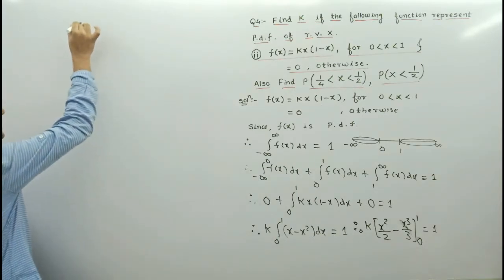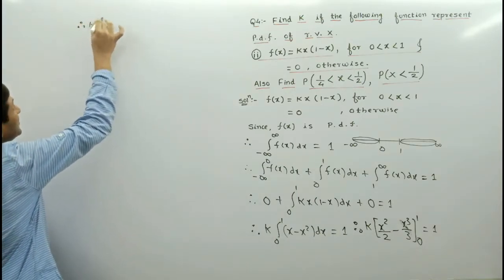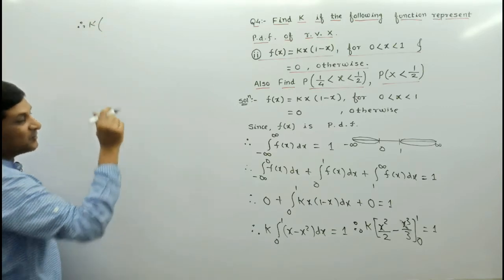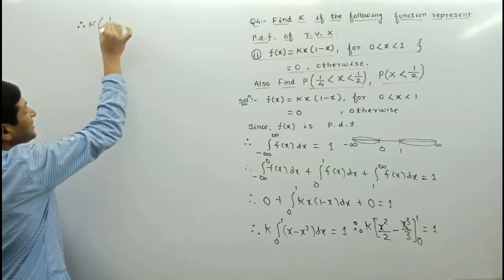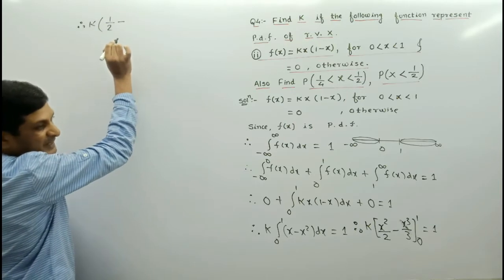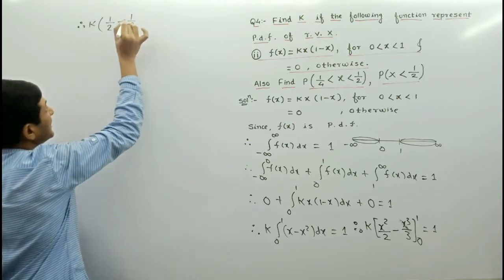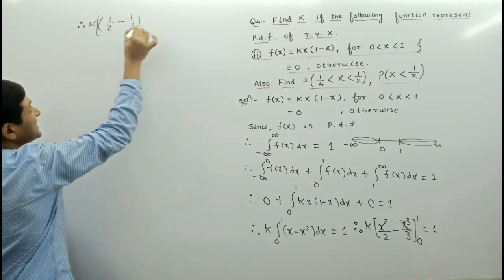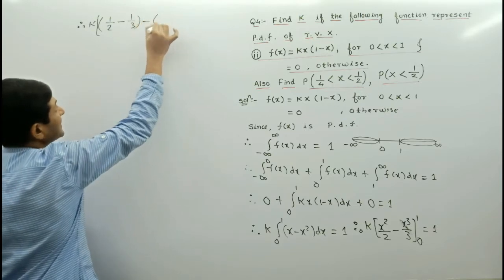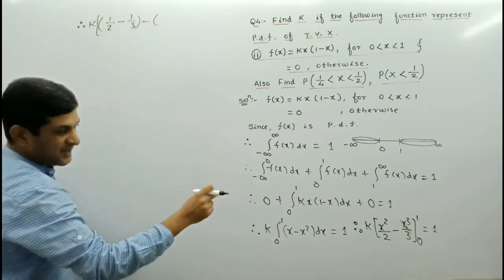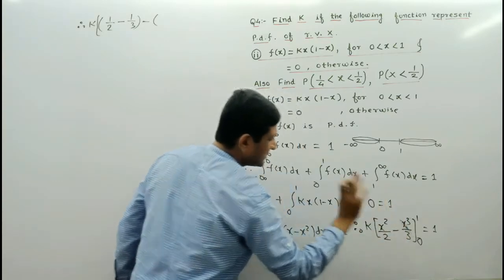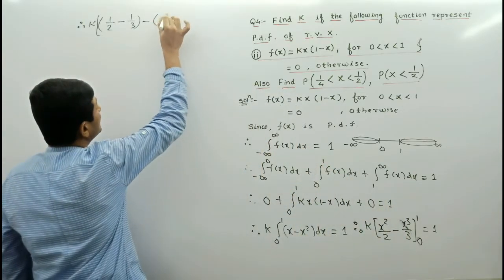So therefore k into, first I am replacing x by 1. So here 1 square is 1 by 2, minus, again replace x by 1, so here also we'll get 1 by 3. Then replace x by the second value 0. If I am replacing x by the lower limit, both the terms will become 0, and 0 minus 0 will be equal to 0.